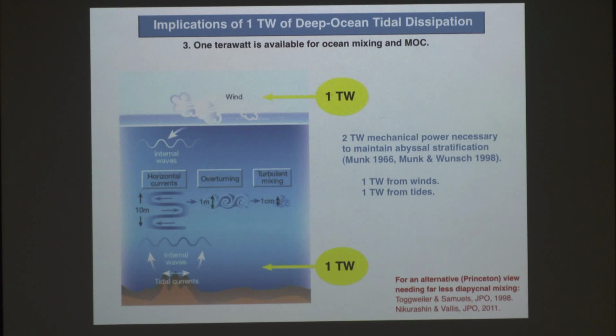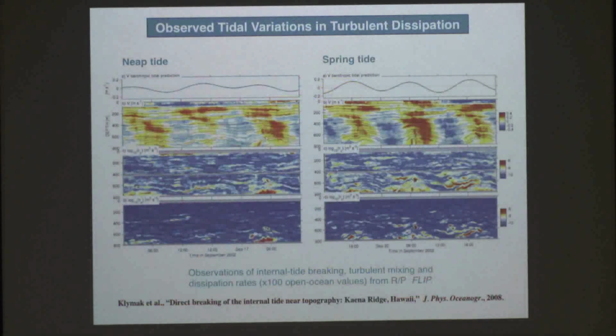So not everybody buys this, but I think right now this is the sort of paradigm of maintenance of the abyssal stratification, that a terawatt's coming from the winds and a terawatt is coming from tides. The terawatt from tides goes first into baroclinic motions and then into turbulence and mixing.